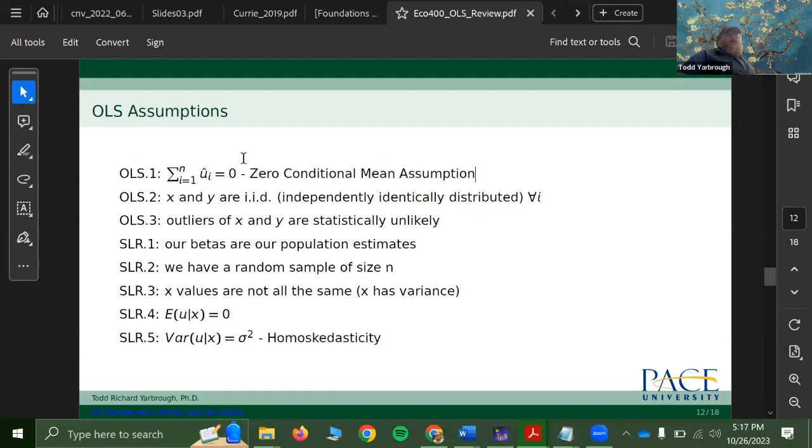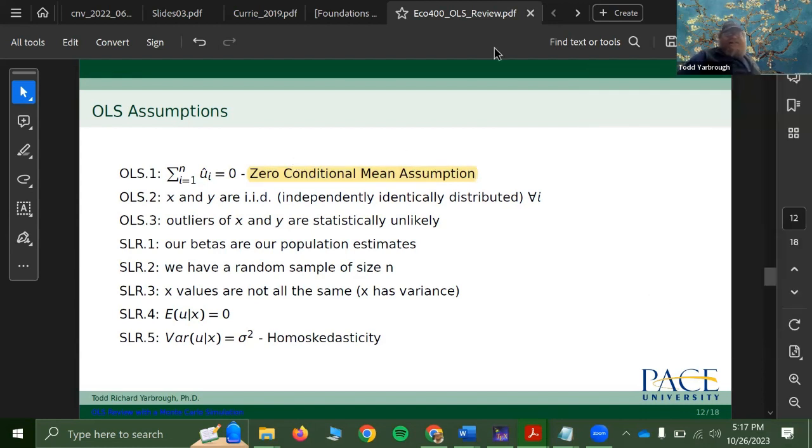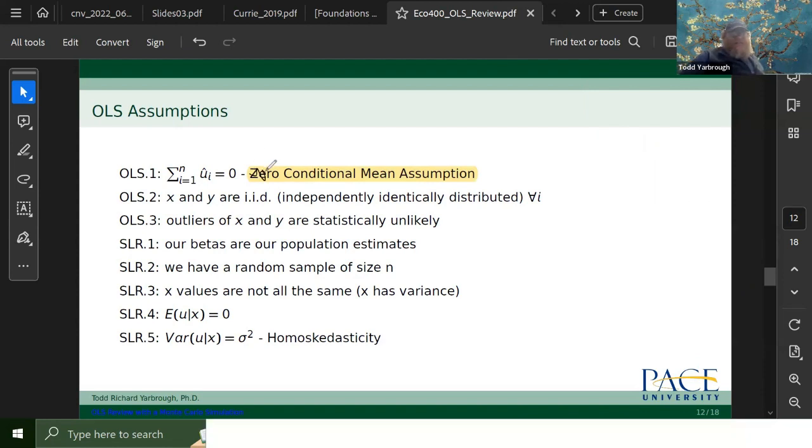It's supposed to be down here, so just ignore this. Okay, SLR4 is the conditional mean assumption, just so we're clear.